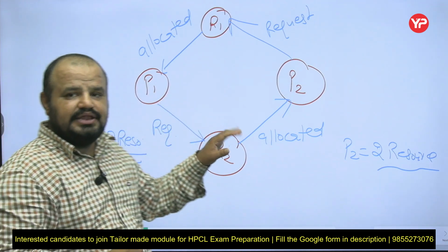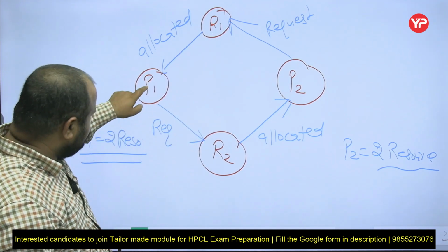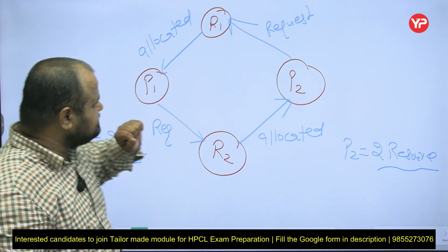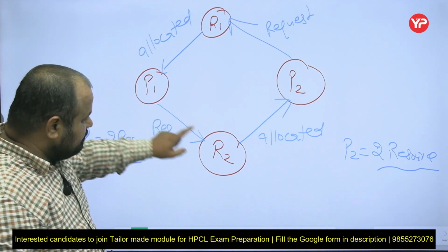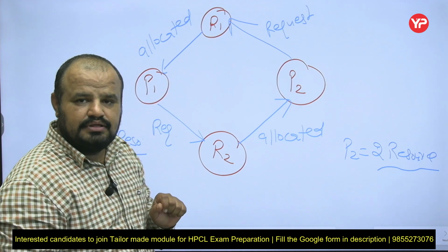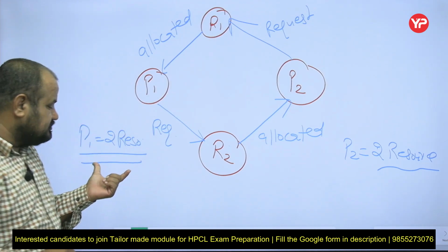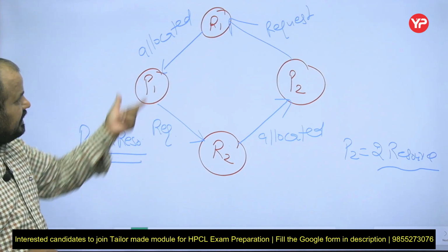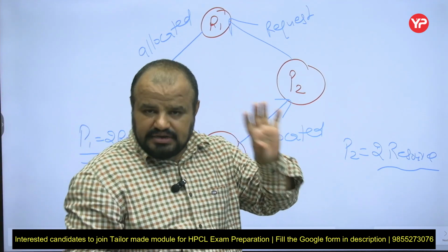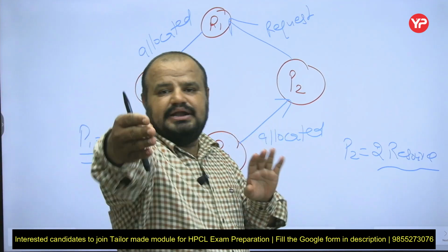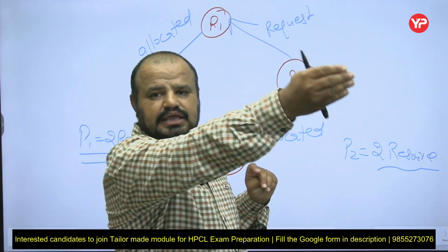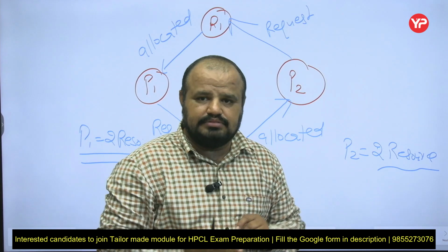So the general scenario is: R1 is allocated to P1, R2 is allocated to P2, P1 is demanding R2, and P2 is demanding R1. A process can complete only when it has both resources. Each process has one resource and is demanding the other, and whatever they are demanding is allocated to the other process.